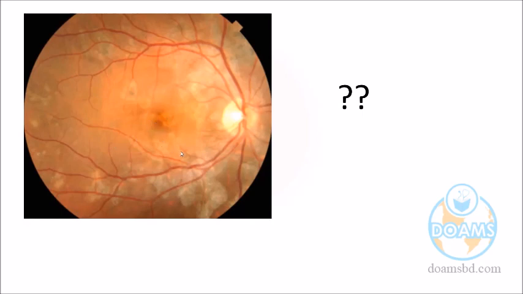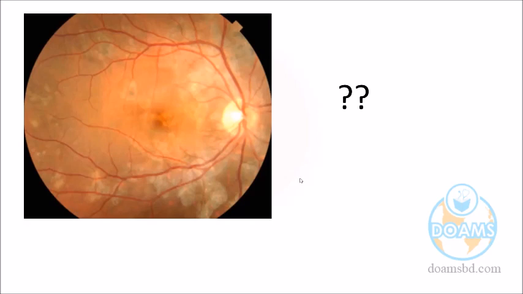But unfortunately, I cannot agree with your observation. There is no angioid streak. So this is a damaged retina. Now the question is, is the retina damaged or is the choroid also damaged? What is your opinion?